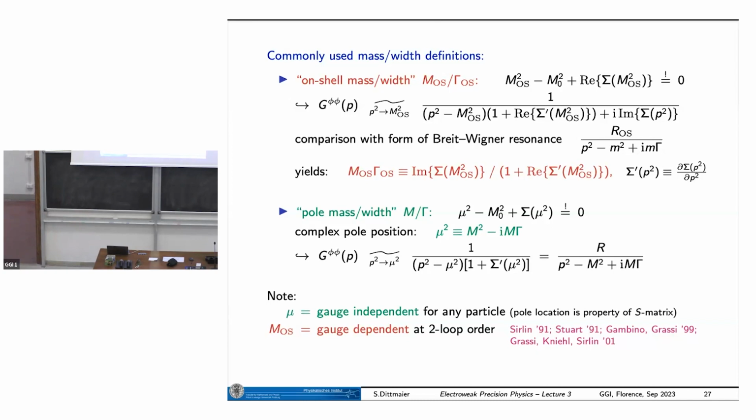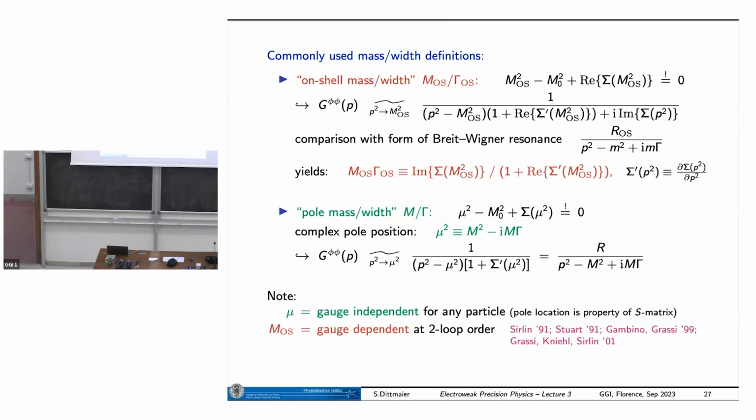So if you just look into the location of the pole, it looks almost the same, apart from the fact that the p squared behavior of the imaginary part is different, because here the leading imaginary part is just this constant, and here there is still a p squared behavior which competes with the one here. So it looks almost the same, but the role of the gamma here and the gamma there is not exactly the same.